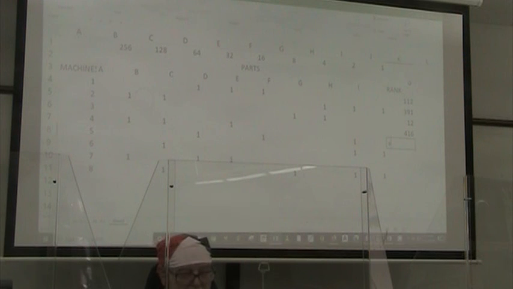And for machine number 5, it's a 64 plus a 16 plus a 2. For machine number 6, it's a 128 plus a 2 plus a 1.